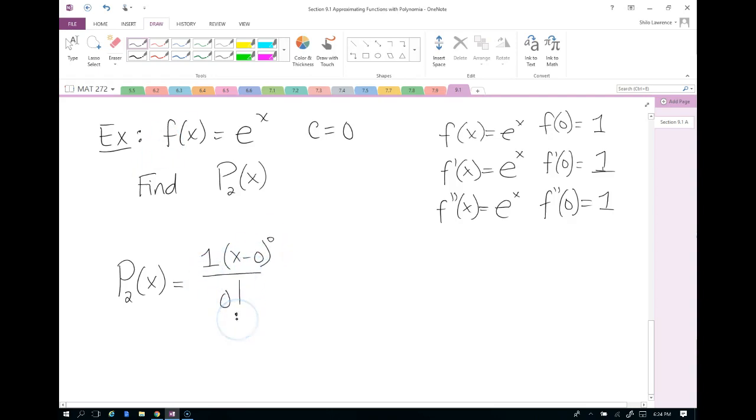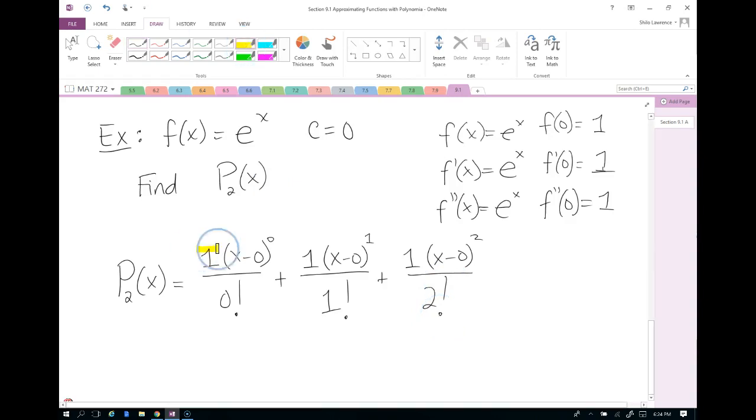And I'll simplify all this in just a minute, but I want you to just have another look at this pattern. And then your first derivative evaluated at 0 times x minus 0 to the first all over 1 factorial. And then your second derivative evaluated at 0 times x minus 0 to the second power all over 2 factorial.